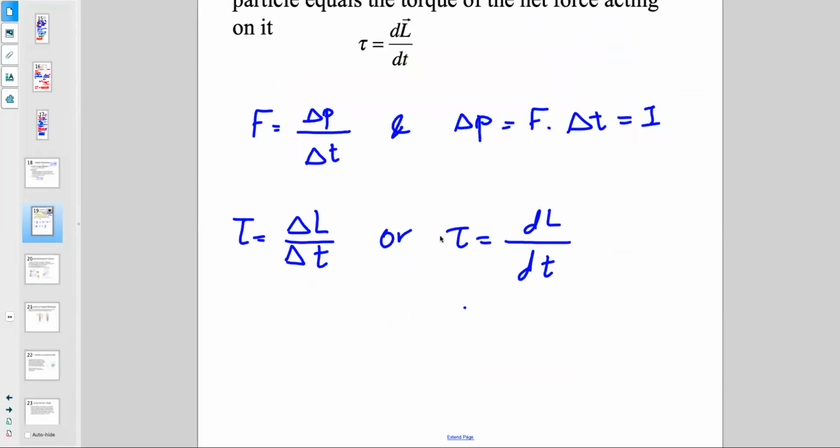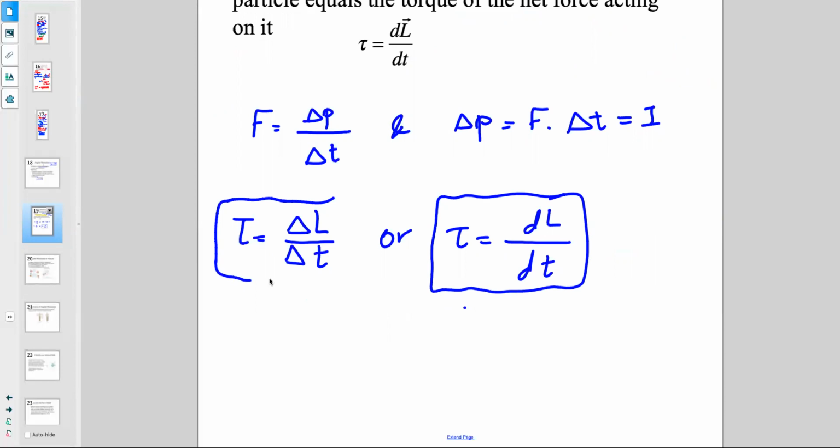The reason we didn't use delta is that this could apply to a very short period of time as well, while this is for a longer period of time. But it means that the torque is the change of the angular momentum over the change of time.